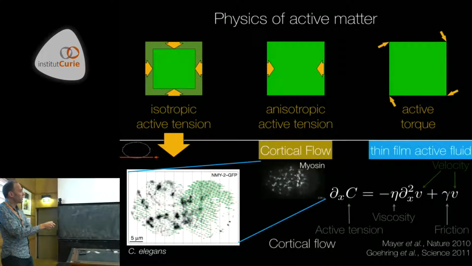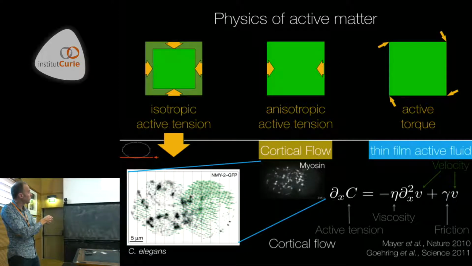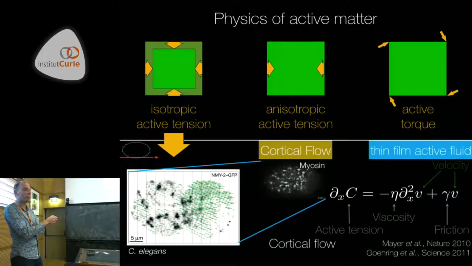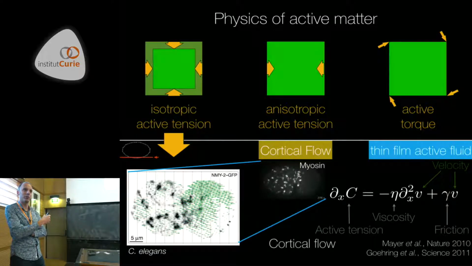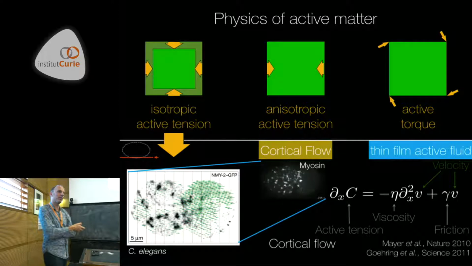And what we could do in this paper is to say that if we measure the spatial concentration field of myosin, we can relate that quantitatively to the flow field. So we can predict the flow field from the distribution of myosin. And it's exactly such that a concentration gradient of myosin will drive flows, and the flows will be in the direction of increased myosin concentration.